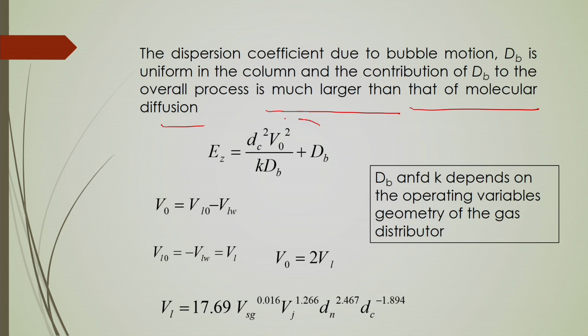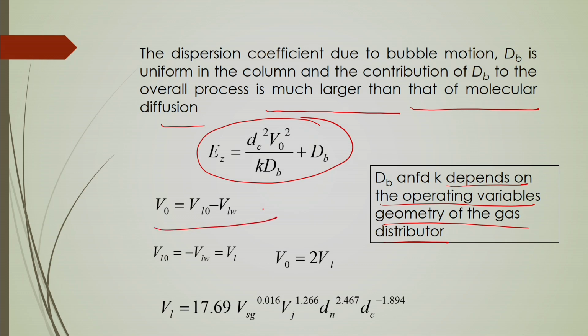So we replace dm by dB here, and dB and k depend on the operating variables and the geometry of the gas distributor, and V0 is the axial velocity.